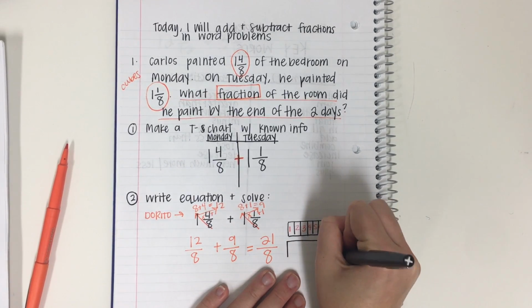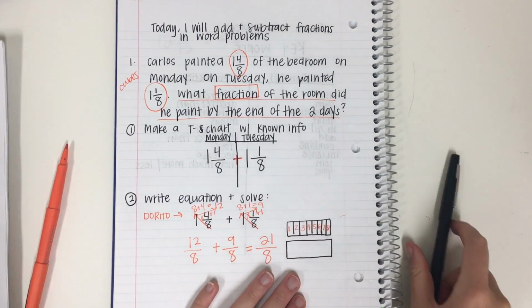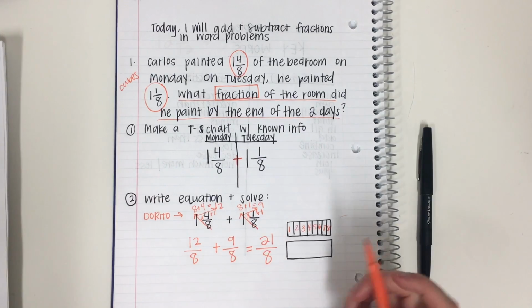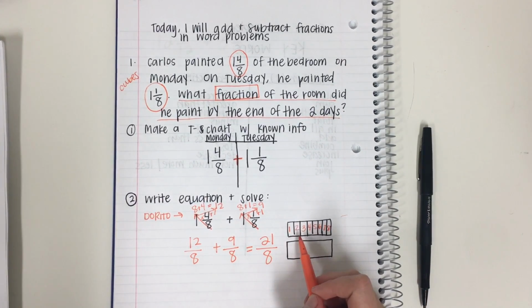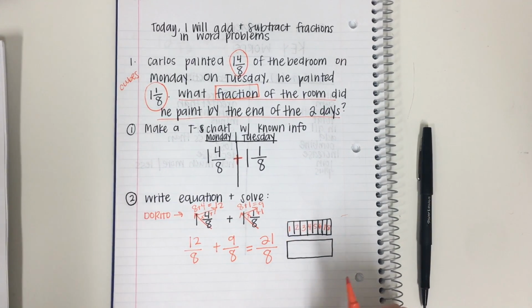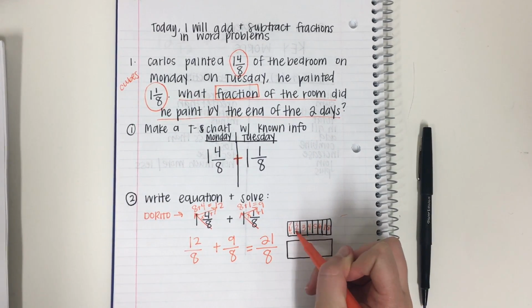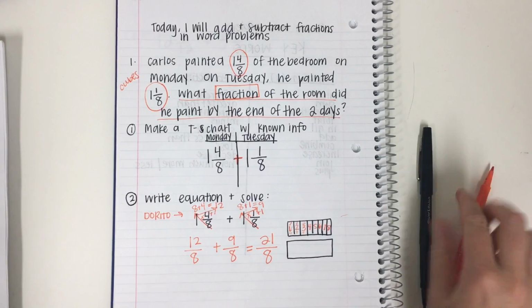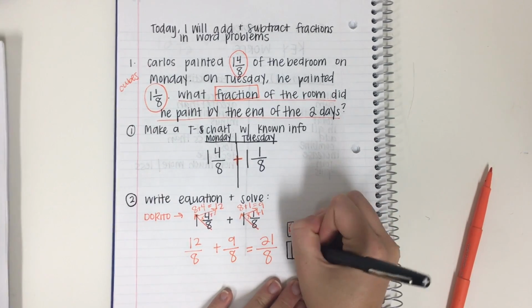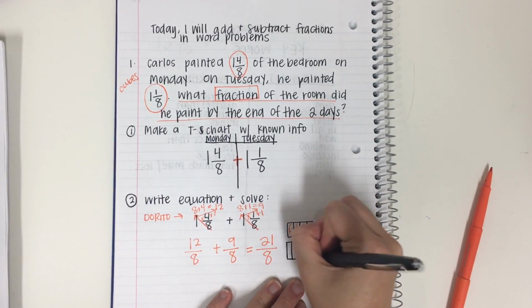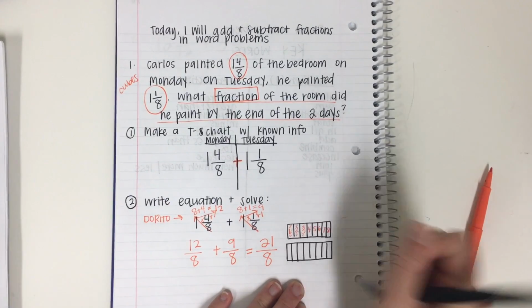And the numbers I'm writing are the same thing as shading it. It's just a little easier for me to write the numbers instead of shading and then writing. So you can decide whatever works for you, but these just mean that the boxes are shaded. Okay? So I need to draw another whole broken into 8 parts. So 1, 2, 3, 4, 5, 6, 7.